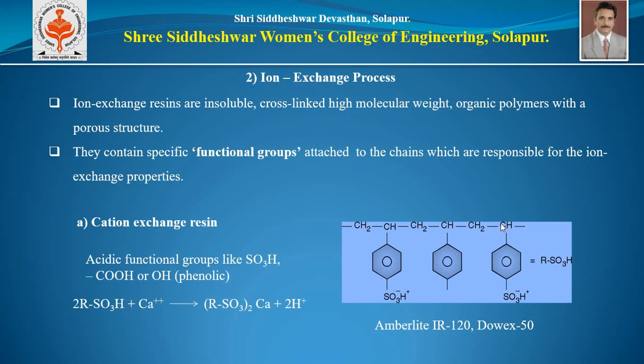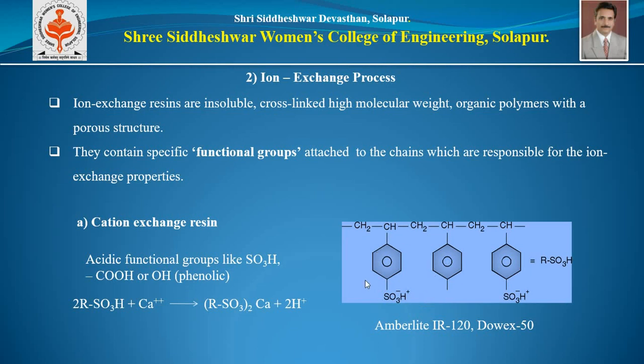The structure of cation exchange resin can be shown like this. It is a high molecular weight organic compound containing an acidic functional group like a sulfonic group, carboxylic acid group, or phenolic OH.